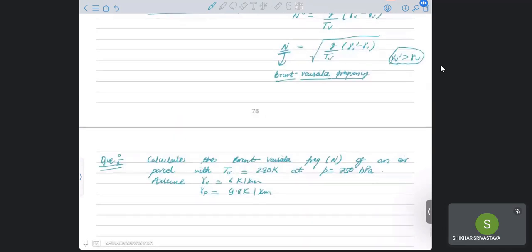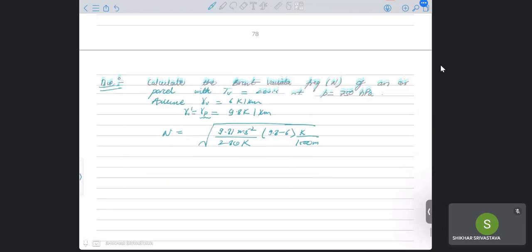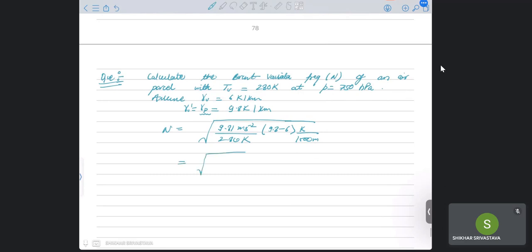So what will be the Brunt-Väisälä frequency? Using this formula, n is equal to the square root of 9.81 meter per second square, which is g, divided by 280 Kelvin given in the question, times gamma v dash, which is the parcel's, so it is 9.8 minus 6, the environment lapse rate, Kelvin per kilometer. We convert kilometer into 1000 meter, so meter and Kelvin cancel.